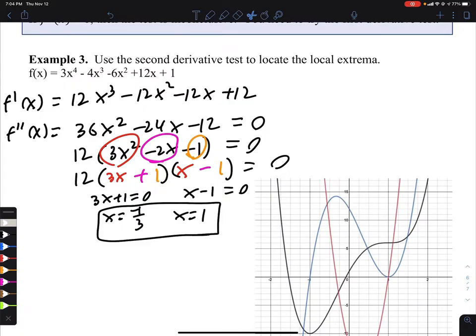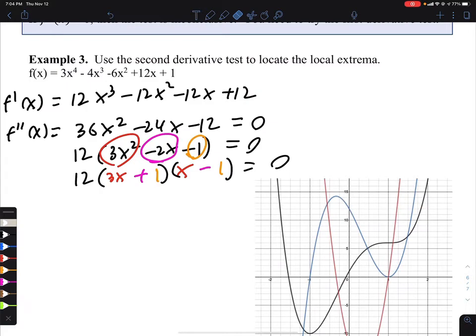Back up, back up. Let me erase all this. We don't need this because we're doing a different test. And let me fix this. All right, we're good. We have to set the first derivative equal to 0.